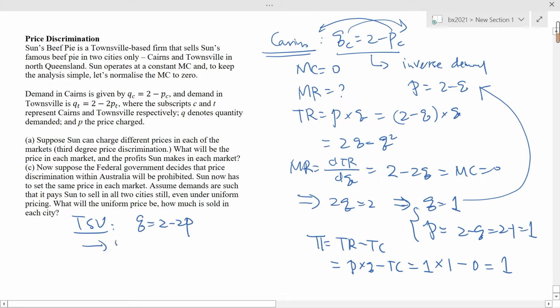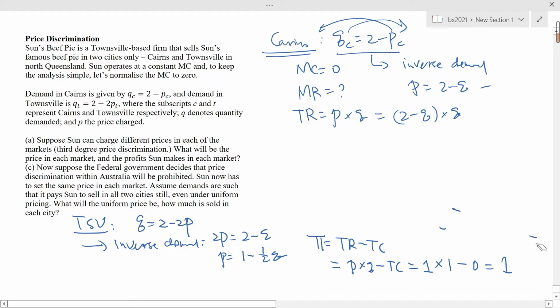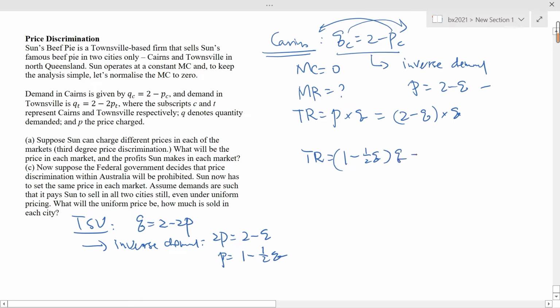From here, we can derive the inverse demand function, which is 2P equals 2 minus Q, or dividing both sides by 2, P equals 1 minus 1 half Q. So total revenue is 1 minus 1 half Q times Q, which is Q minus 1 half Q squared.